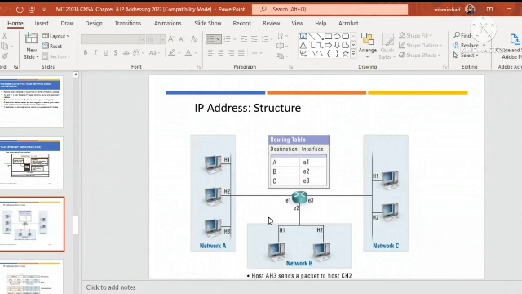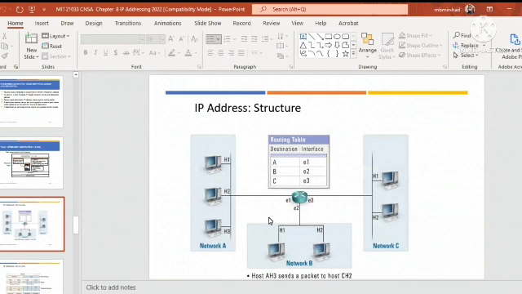There may be 4 or 5 ports, as routers normally have 1 port, 2 ports, 3 ports, 4 ports. But here in the diagram you have 3 interfaces: Ethernet 1, Ethernet 2, Ethernet 3.